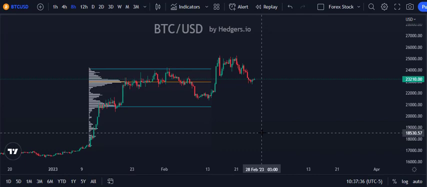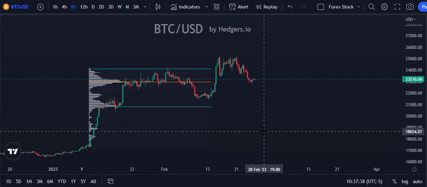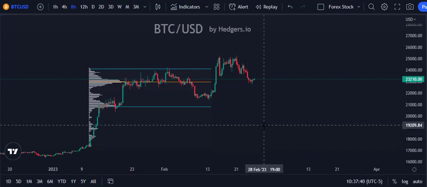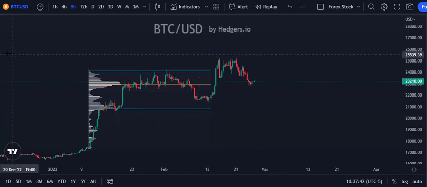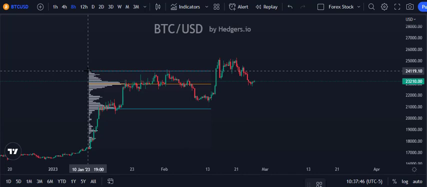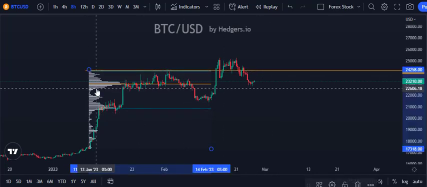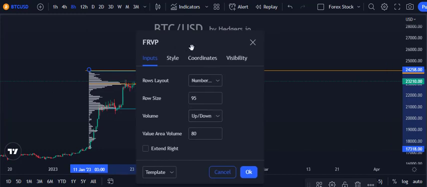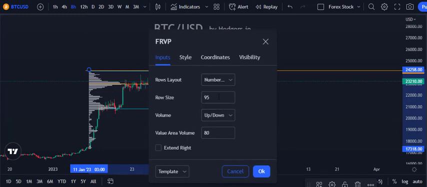I want to show you how we mark our levels on the volume profile. You see here, that is our value area high. The settings on the range profile: I have set the value area volume to 80.